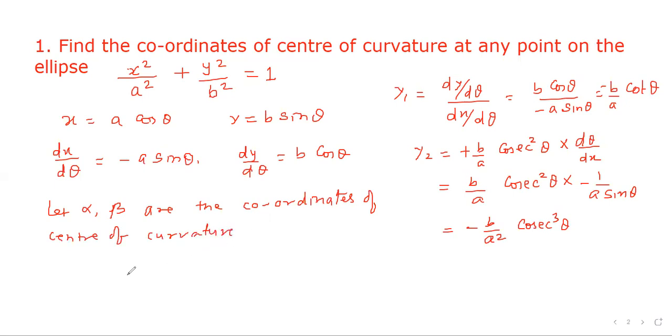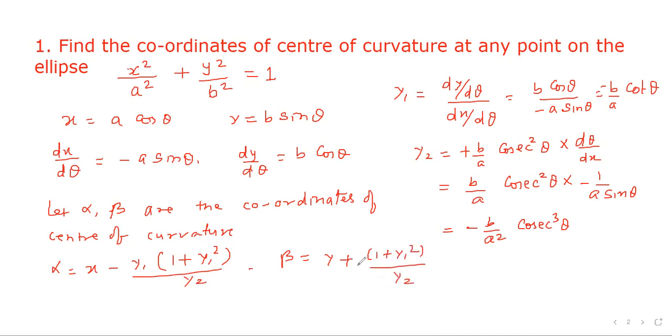Then we know that alpha is given by x minus y1 times (1 + y1 square) divided by y2, and beta equal to y plus (1 + y1 square) divided by y2. So let's find out alpha and beta separately with these values.